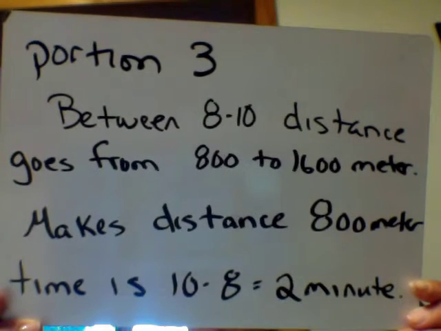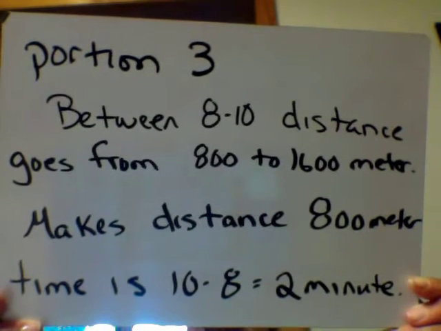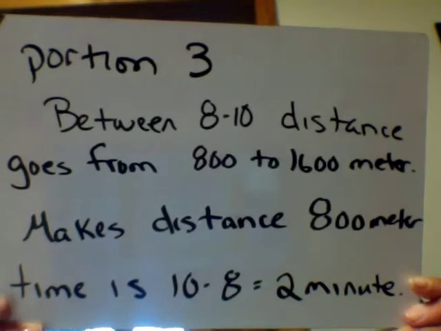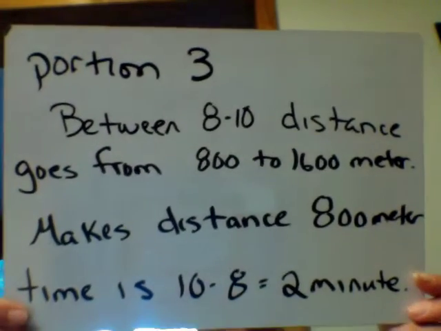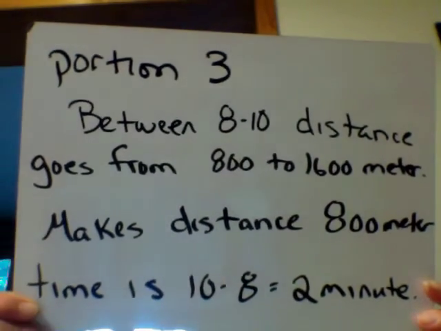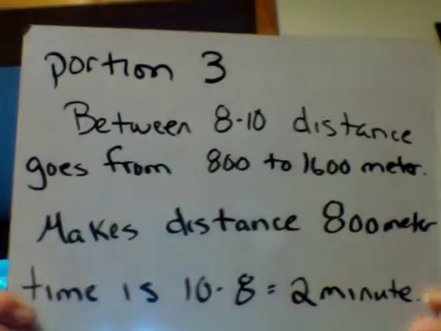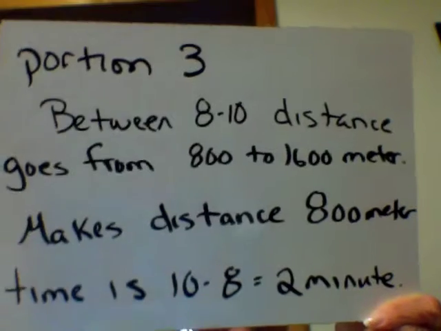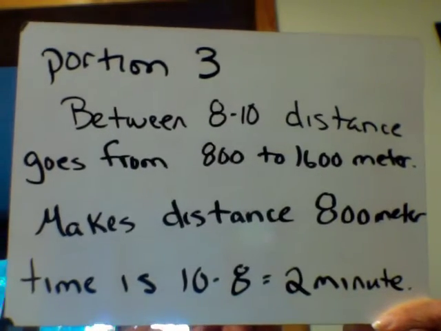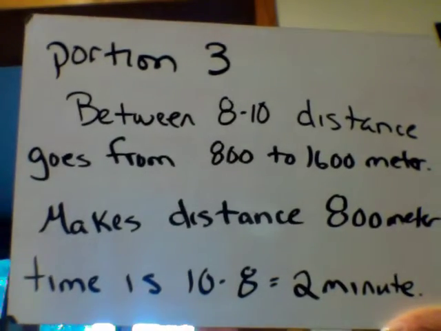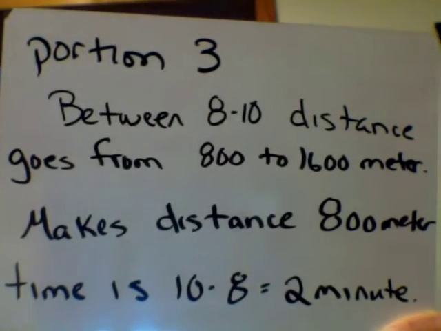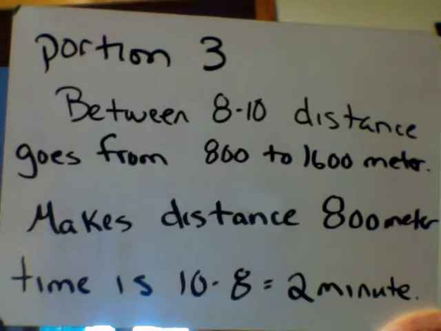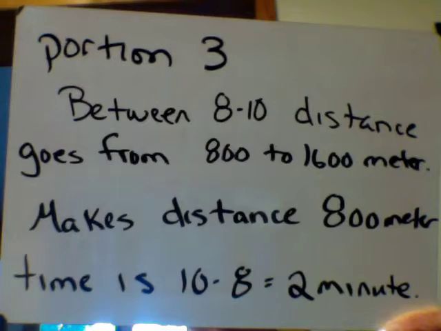The time is between 10 and 8 minutes, which means my time is going to be 2 minutes. Now, if we go back to our original distance divided by time scenario, we have our distance of 800 meters and our time of 2 minutes. So if I take 800 meters and divide it by 2, I get 400 meters per minute.